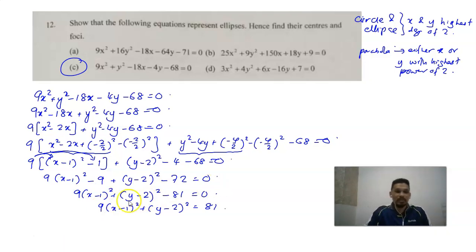So what we can do now is divide everything by 81. So 9 divided by 81, x minus 1 squared, 9 divided by 81 equal to 1 over 9, plus y minus 2 squared divided by 81 equal to 1.